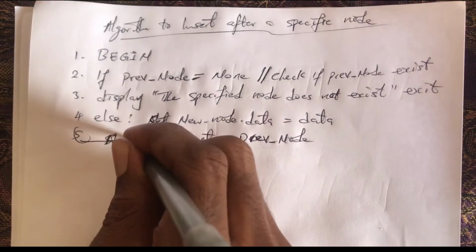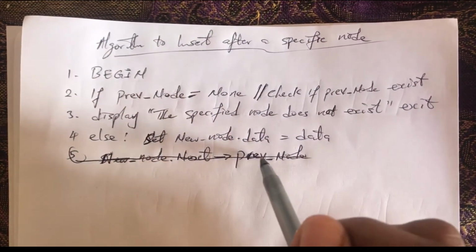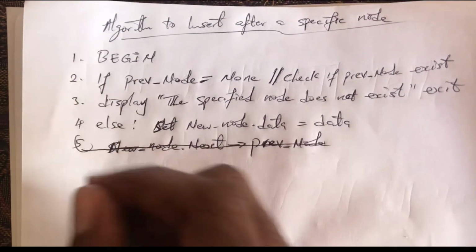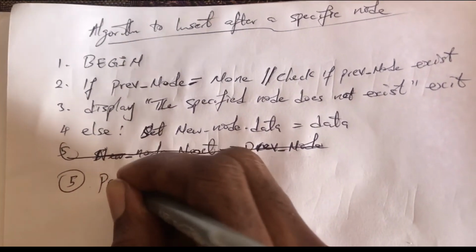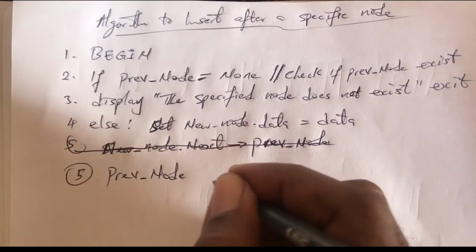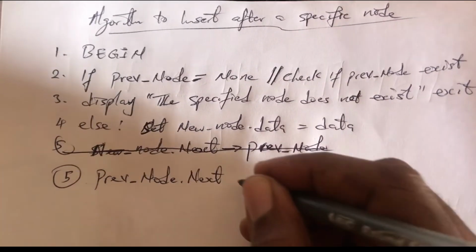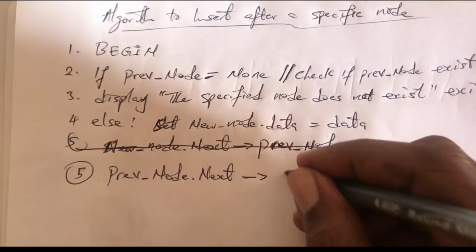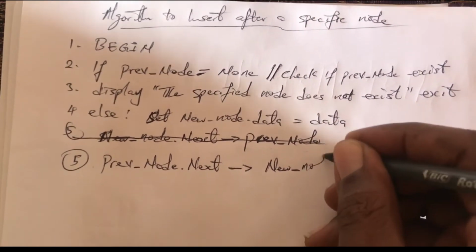Oh, sorry, I just realized a mistake. We are talking about after a specific node, not before a specific node. So the fifth one, we'll point the prev node's pointer, assuming it's B. The pointer, as usual, we call it dot next. It should be pointing to our new node, just like the diagram.